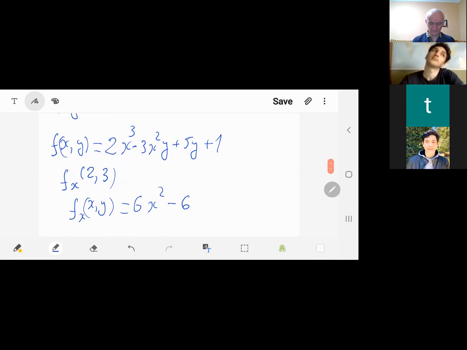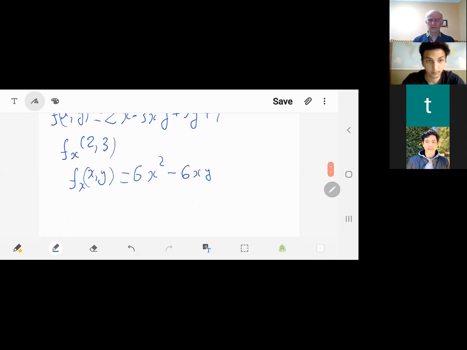Okay, Sandro. Let's follow Sandro. Sandro, do you agree with the partial derivative? Okay, very good. Do you agree, Muhammad, Emmanuel, with the partial derivative? Okay. Now let's replace x by 2 and y by 3.